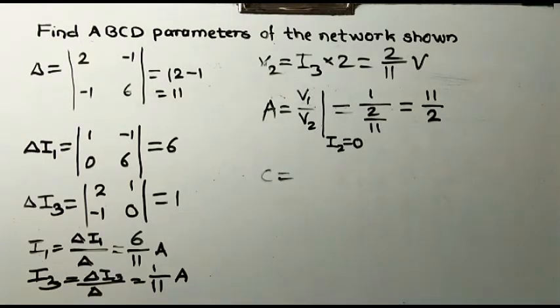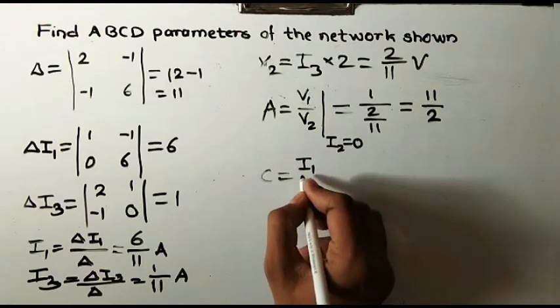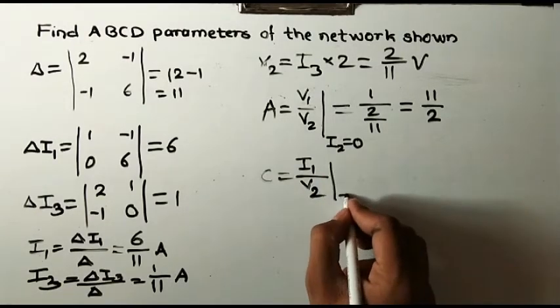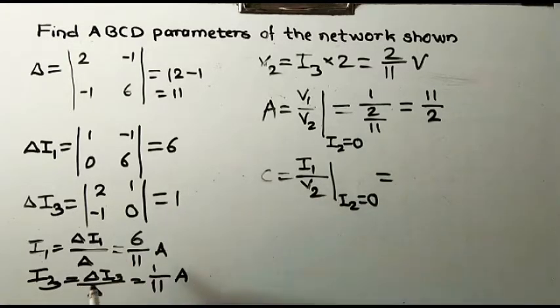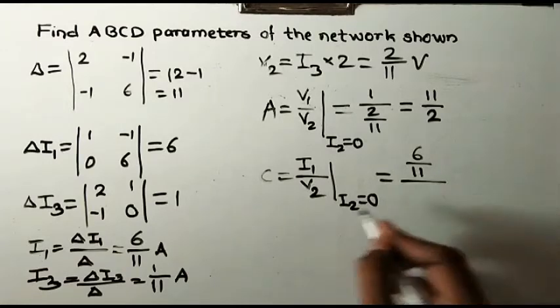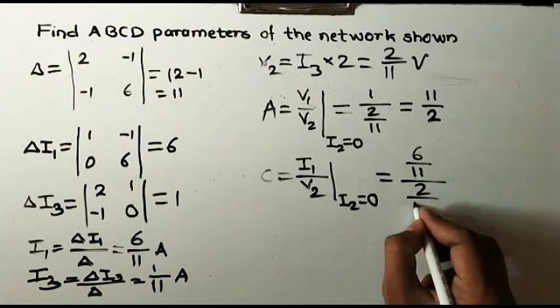Similarly, by definition C is equal to I1 upon V2, considering I2 is equal to 0. Here I1 is 6 upon 11 and V2 is equal to 2 upon 11.